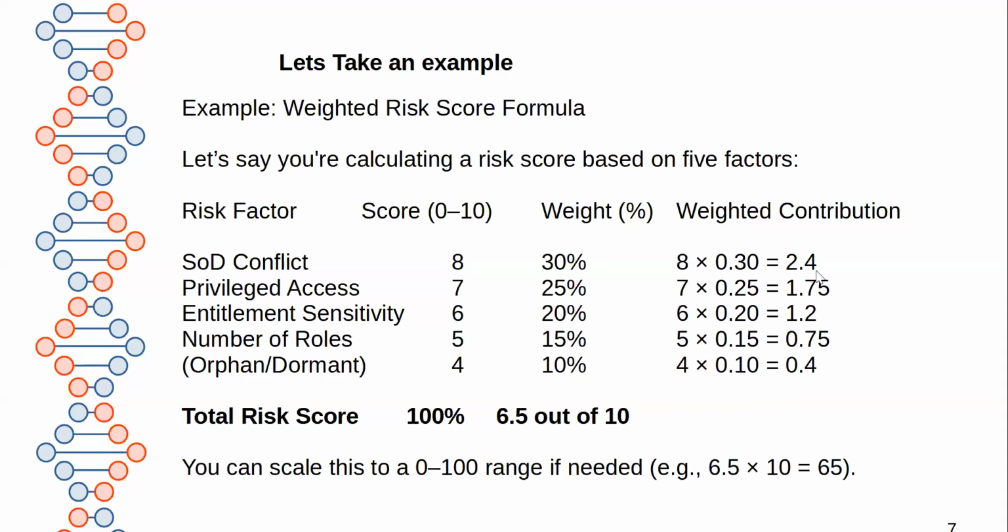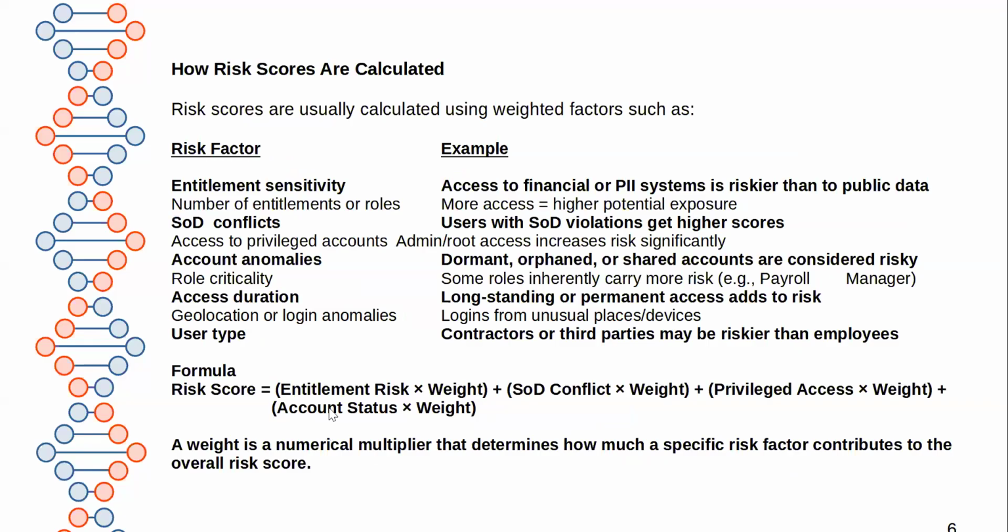And finally, what you do, you add up all these weighted contributions. 2.4 plus 1.75 plus 1.2 plus this, which basically comes 6.5 out of 10. And you can add this on any user, any entitlement, any application. So this addition, why we are doing it?